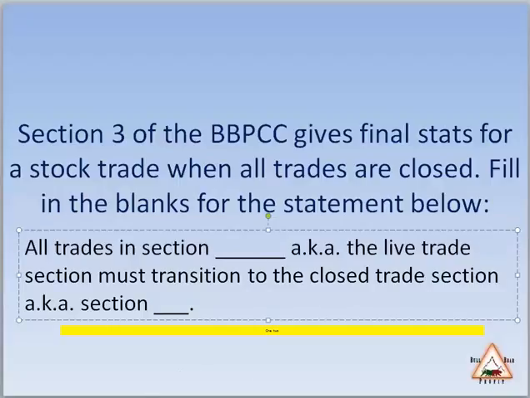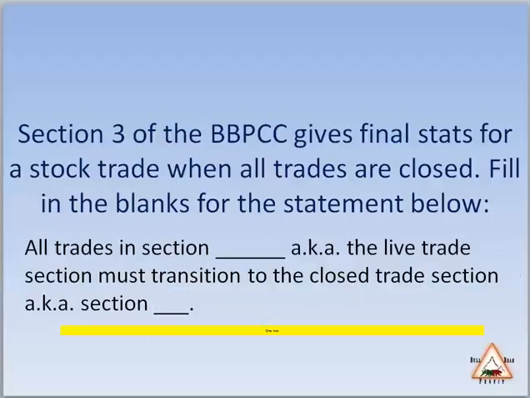Let me read this to you again, one more time. All trades in section blank, also known as the live trade section, must transition to the closed trade section, also known as section what? So what are the answers to those two questions?